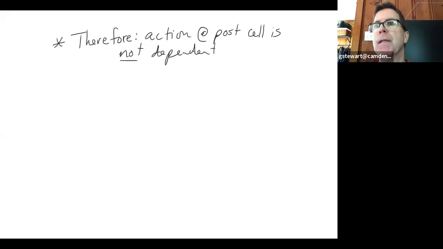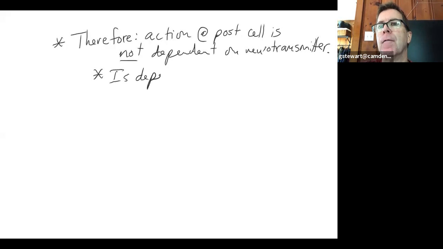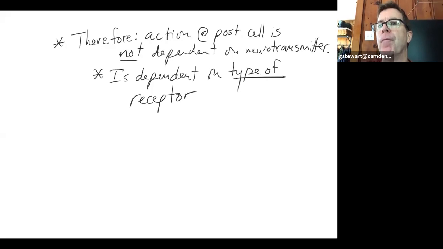It is not dependent on the type of neurotransmitter or the chemical makeup of the neurotransmitter. It is dependent on the type of receptor at the postsynaptic cell.